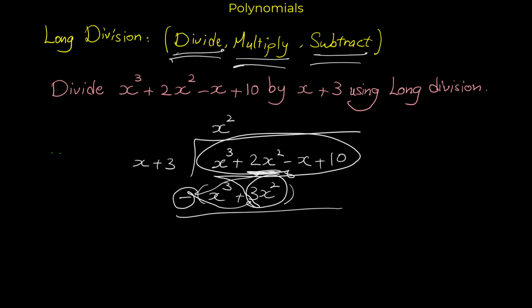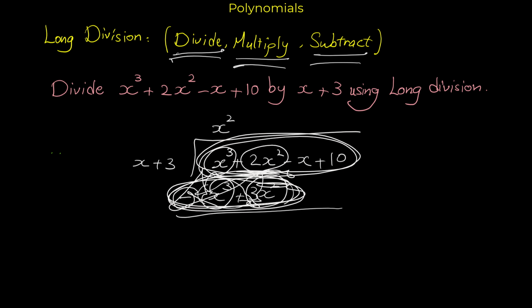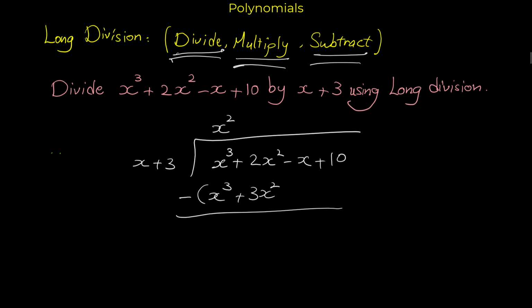So we subtract this second polynomial from this one. 2x to the 2 minus 3x to the 2 would be negative x to the 2. Then we have minus x, and because we don't have any corresponding term here, we just put negative x here, and then we put 10 here.